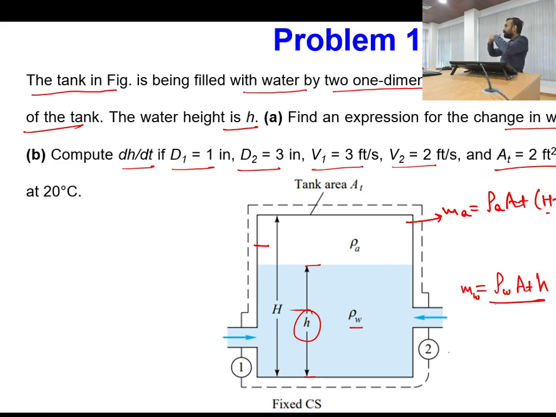So if air is getting compressed, the rate at which H minus h is decreasing, at the same rate density of the air is also increasing, and ultimately whatever the quantity of air is enclosed within this tank, that is remaining the same.